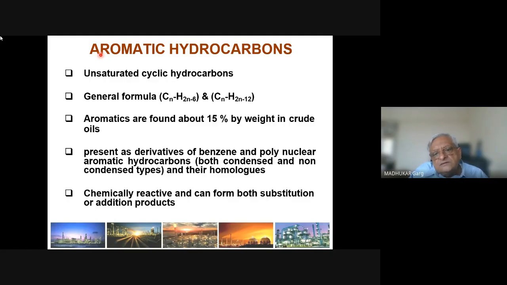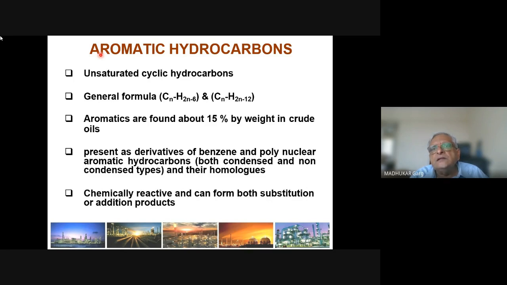So you will find a higher amount of aromatics if it is coming from Bombay High or Assam crude. You could also have polynuclear aromatics, for example anthracene or higher homologues. They are pretty chemically reactive, and it is something that the refining industry likes.